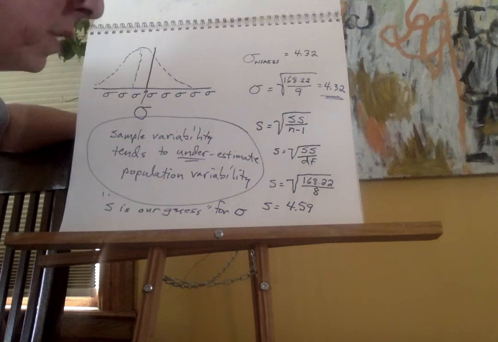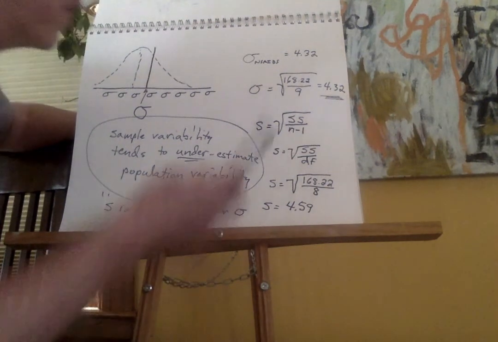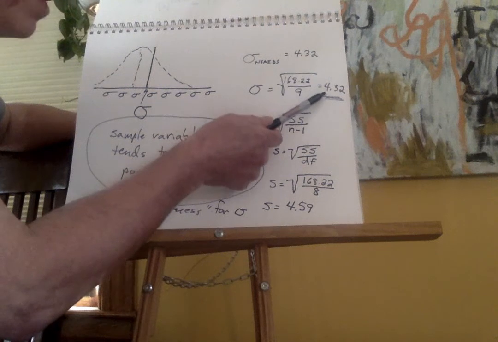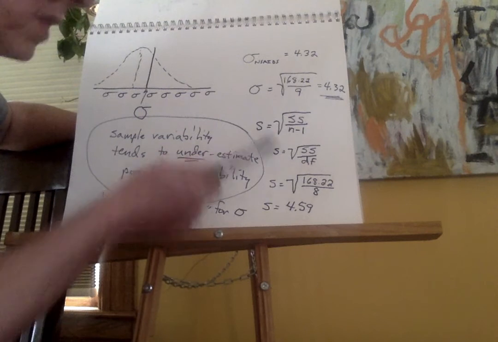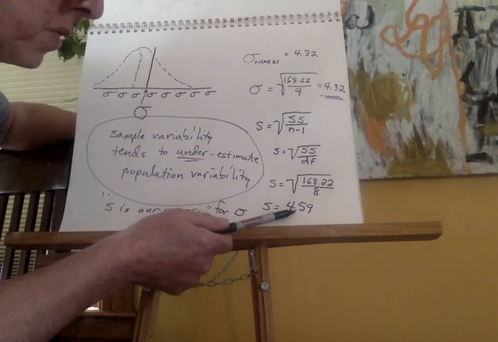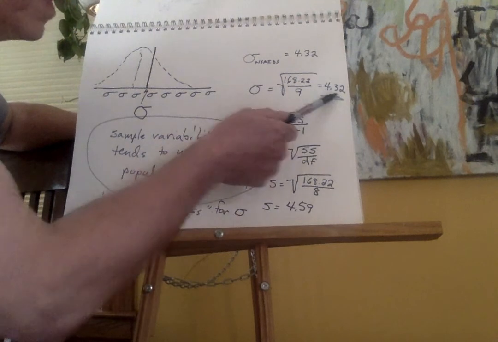And so what we're going to do in this case is adjust that. So this is our biased estimate. This is our unbiased estimate. That is, we expect this to be closer to the overall standard deviation than this is.